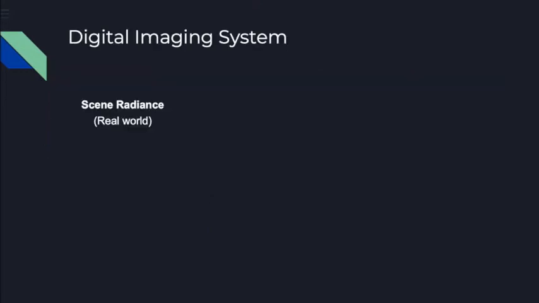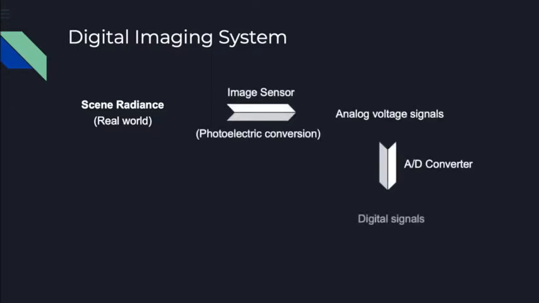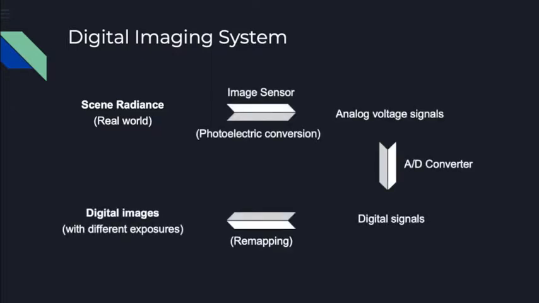Before answering the question, let's see the general digital imaging process. Through a series of nonlinear operations or mappings, the scene's radiance is transformed to digital images with their own grayscale values, which represent the exposures.